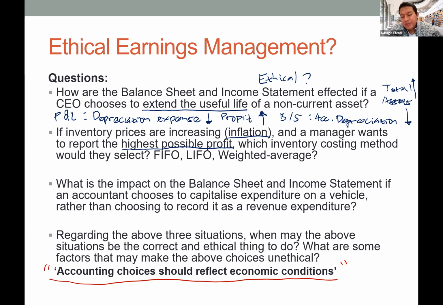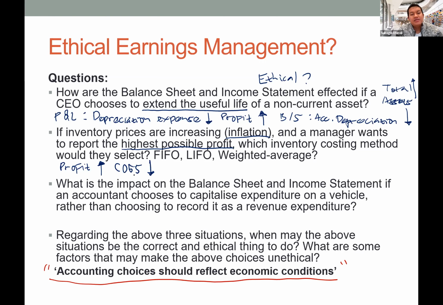But the selection of the method is not really clear, right? So the idea is like this. If this manager wants to report the highest profit possible, what he or she needs to do is lower the cost of goods sold.